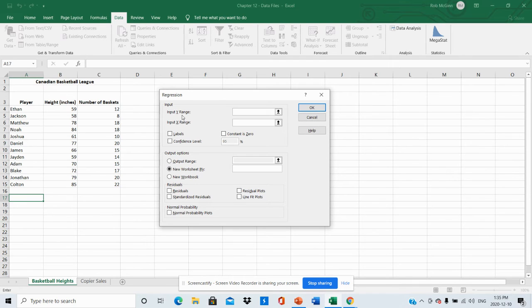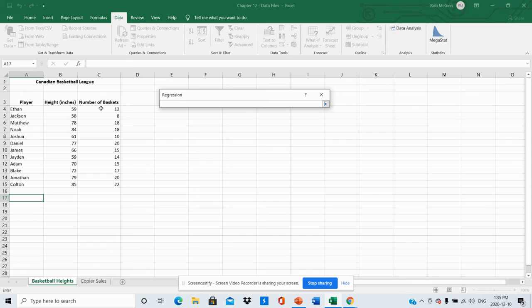So the first thing we have to do is input our Y range. This is just asking, hey, where is the data for Y? So remember, Y is the dependent variable, and in this example, that's number of baskets. So we're going to click the little arrow beside the input box there. It brings us back to Excel.